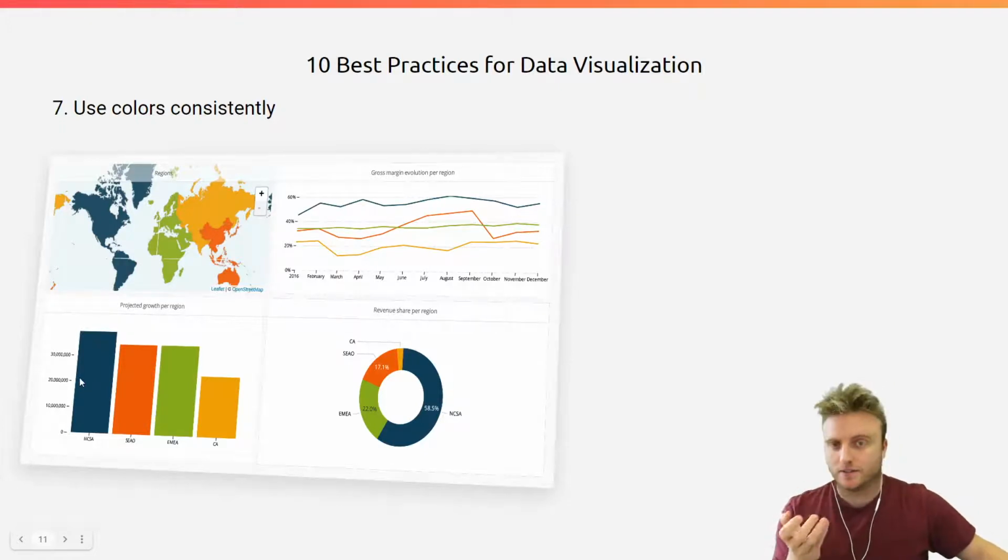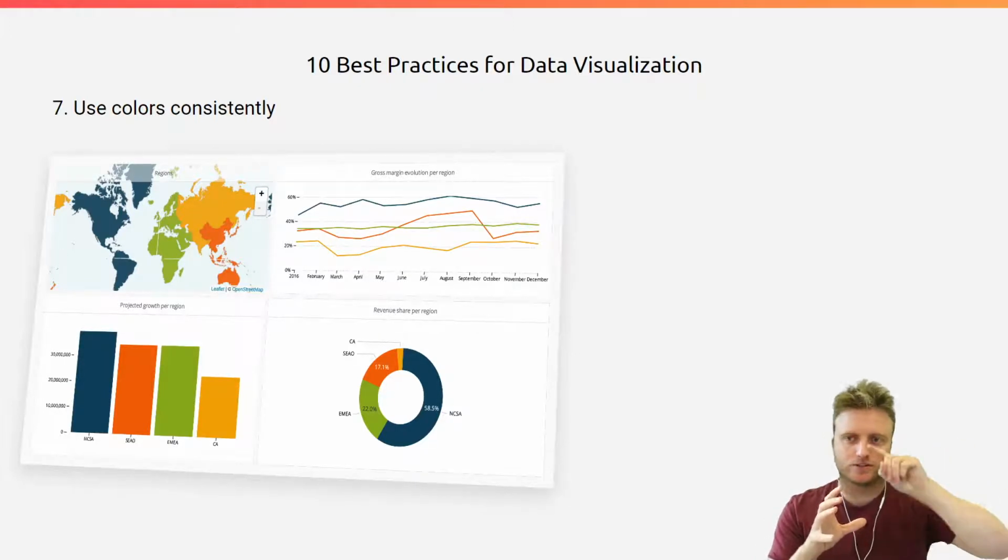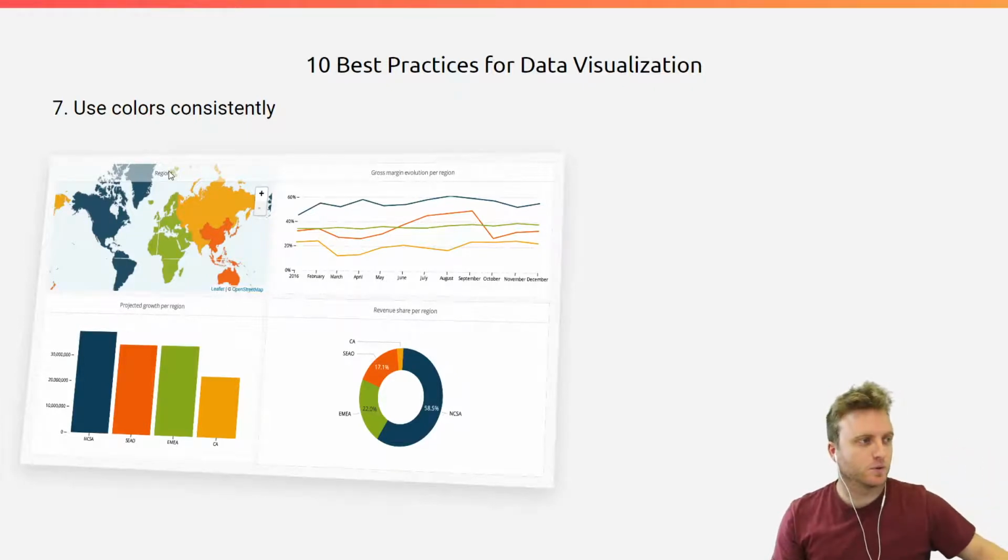It's a really neat feature to make a connection between charts. So if I look once at the dashboard, I know, okay, blue is this region. So that's why you should use colors consistently.